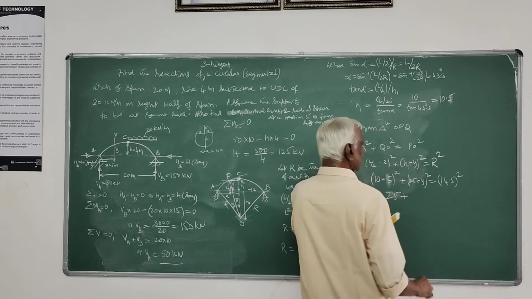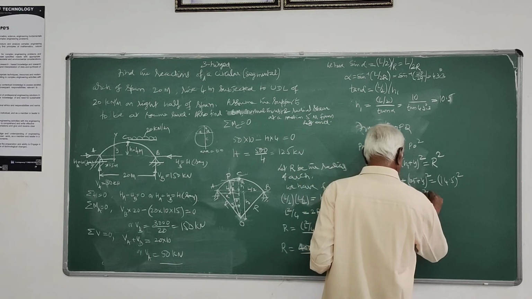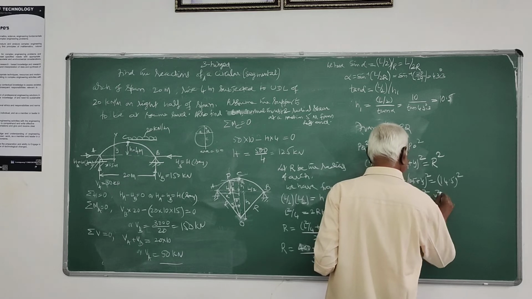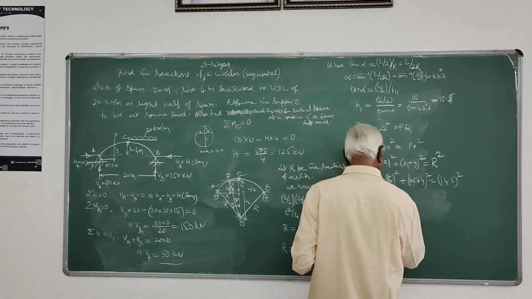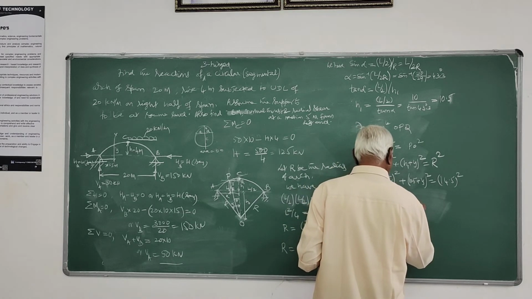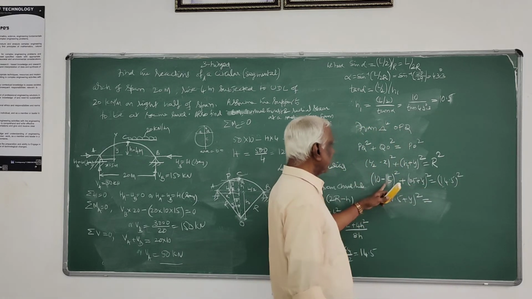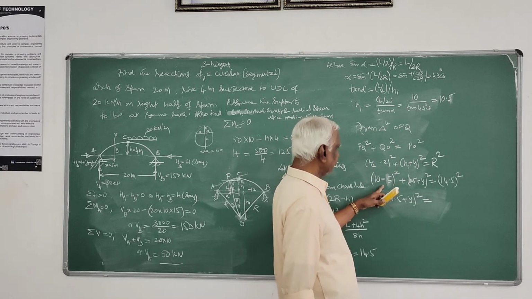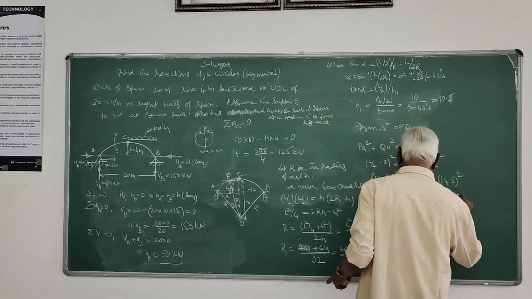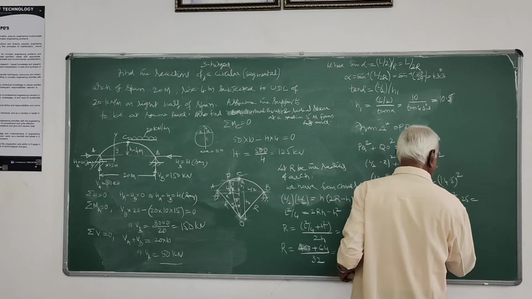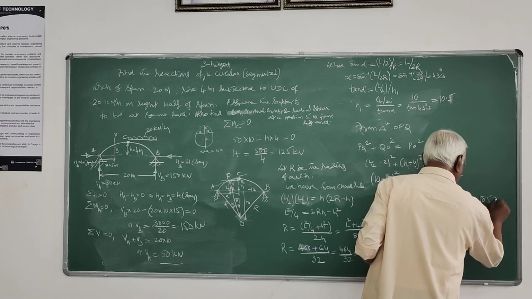So you can simplify 10.5 square plus Y square, or you can just write it like that: 10.5 plus Y whole square is equal to 14.5 square minus 25. That is 210.25 minus 25, which is 185.25.